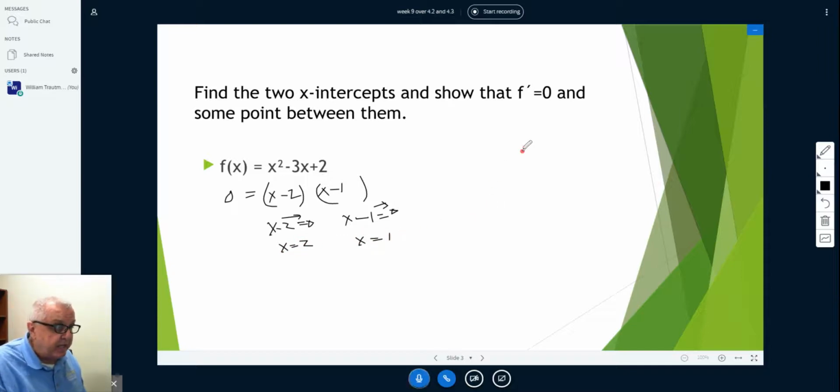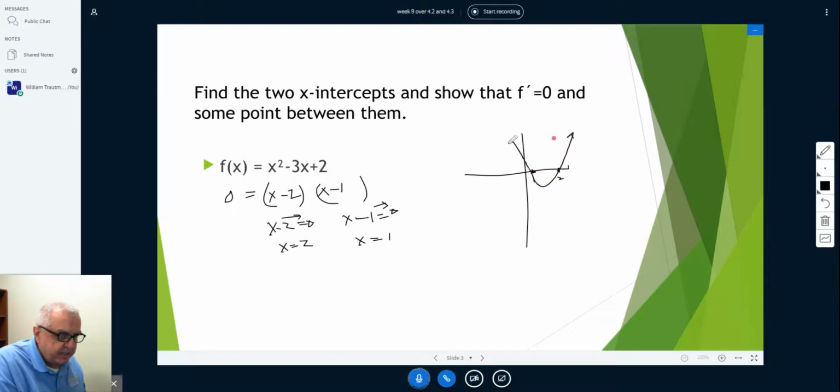So what we have here is some form of a parabola where we have an x-intercept of 1 and an x-intercept of 2. I don't know how low it's going, it doesn't matter to me.